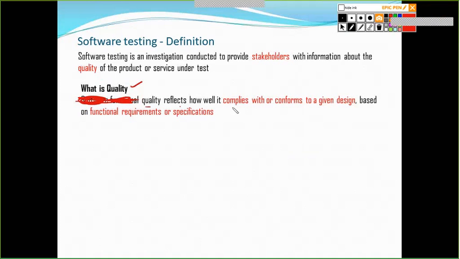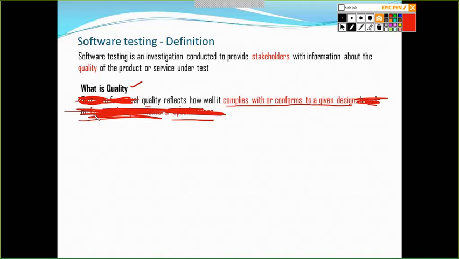Quality reflects how well it complies or conforms with a given design, based on functional requirements and specifications. I don't want all these things. Take out all these things. Let's only concentrate on this: quality reflects how well it complies with or conforms to a given design. What does this mean?